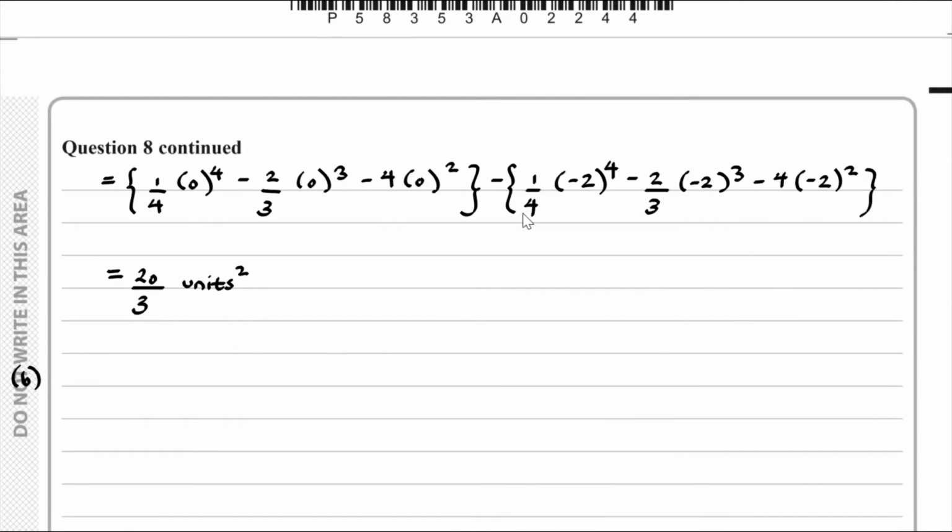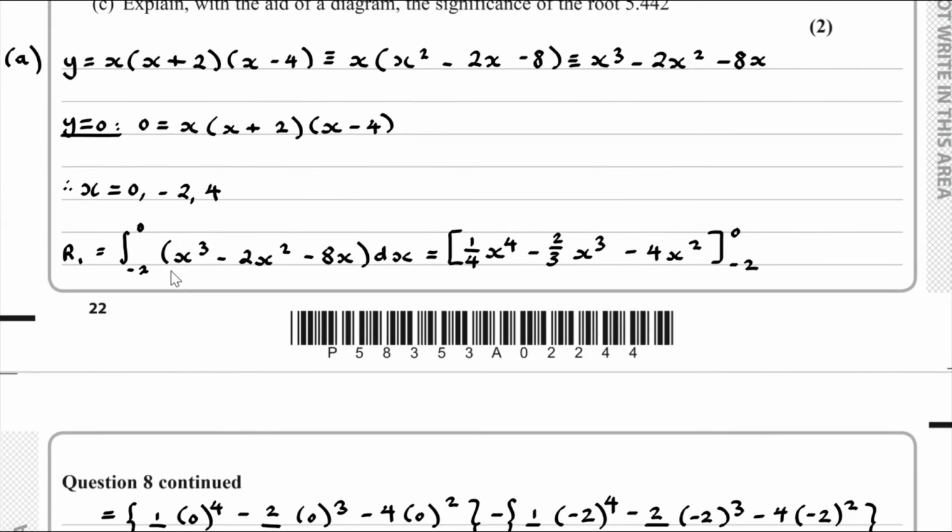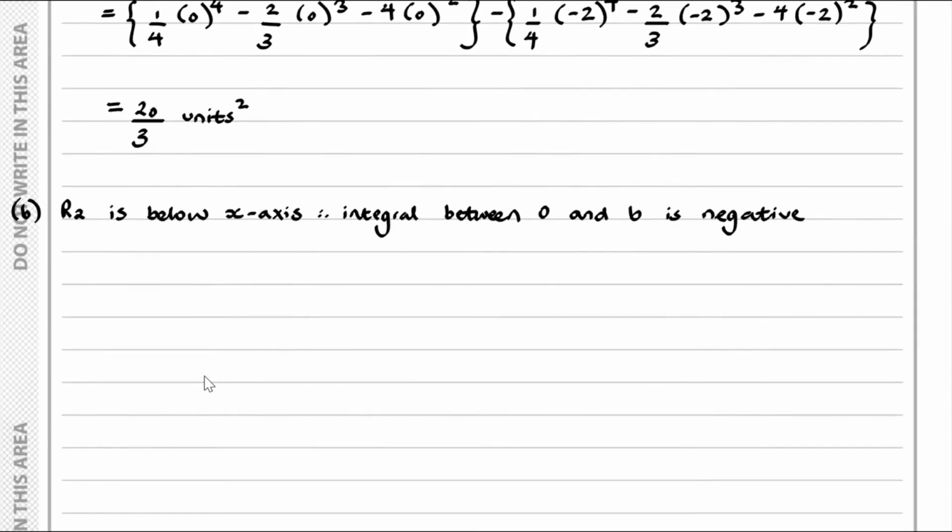Let's write that down for part B. R2 is below the x-axis, and therefore the integral between 0 and b would be negative. So with that, let's integrate between 0 and b.